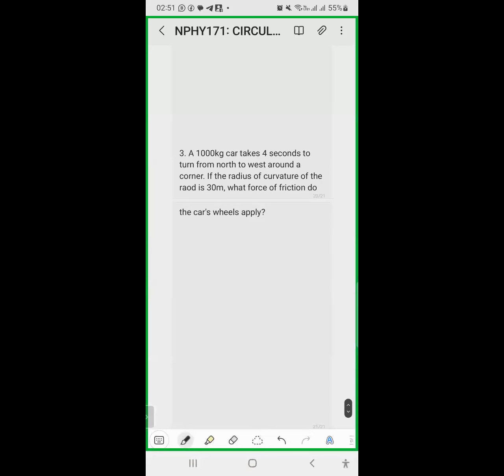Now I'm sure you've noticed that in most questions I've been solving here in physics, I've been making use of sketches.